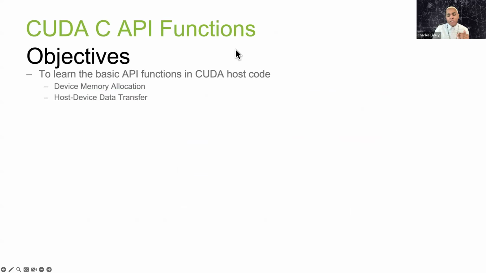And so now we're just going to dive into some of the essential basics of the CUDA C API functions and understanding how exactly to use them on a CUDA host and device, and how you can access device memory and do host-device data transfers as well.